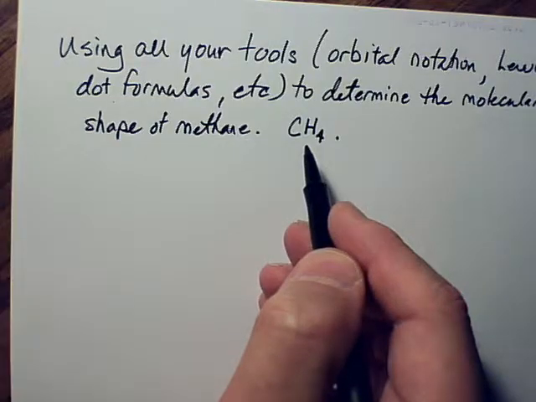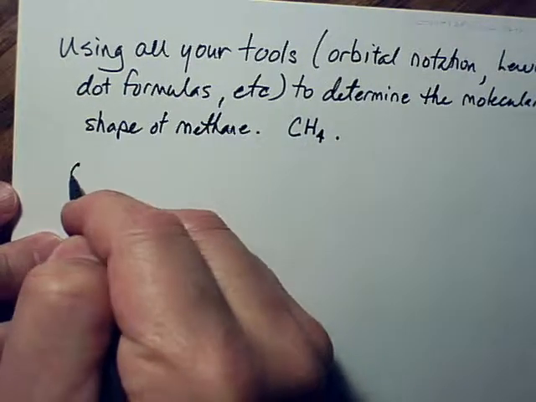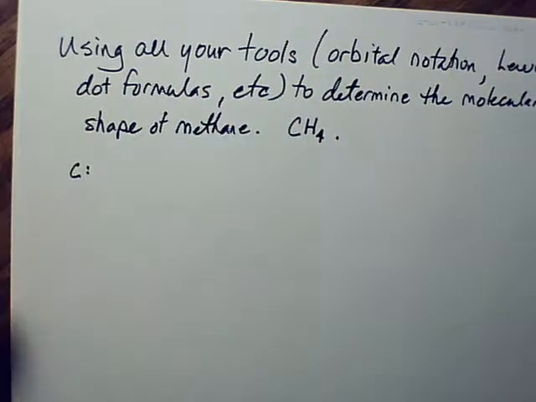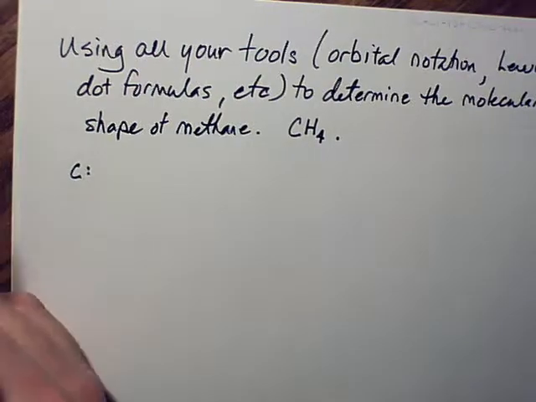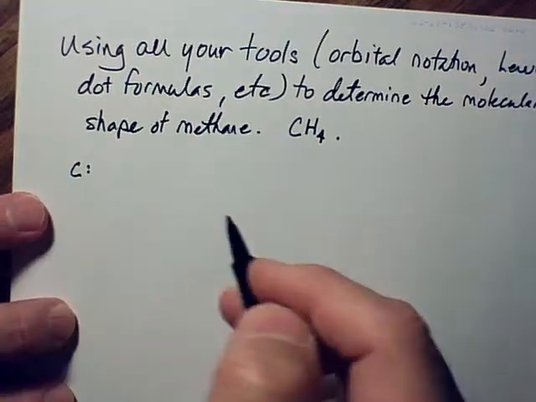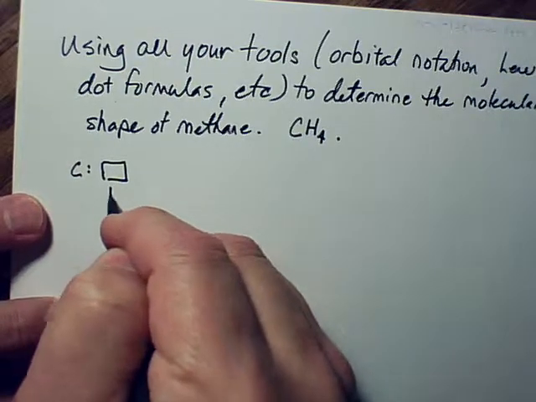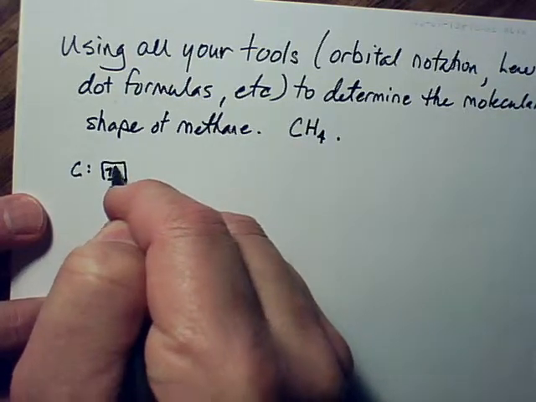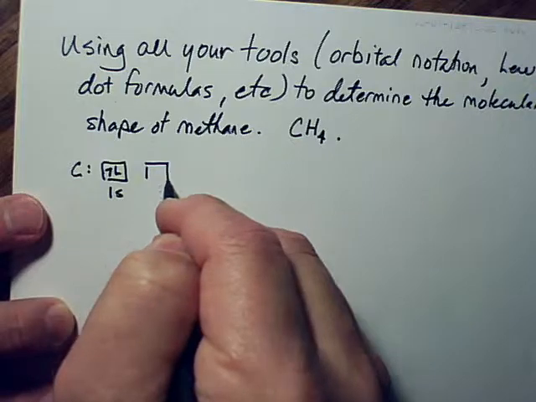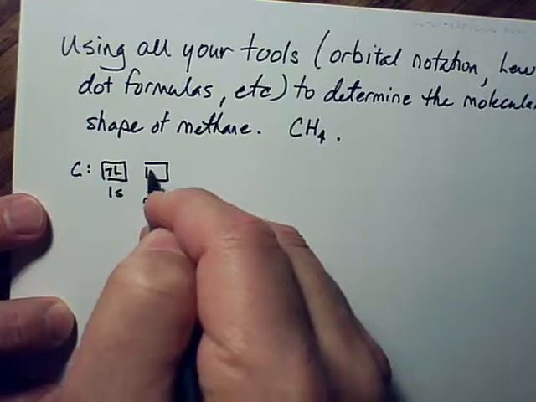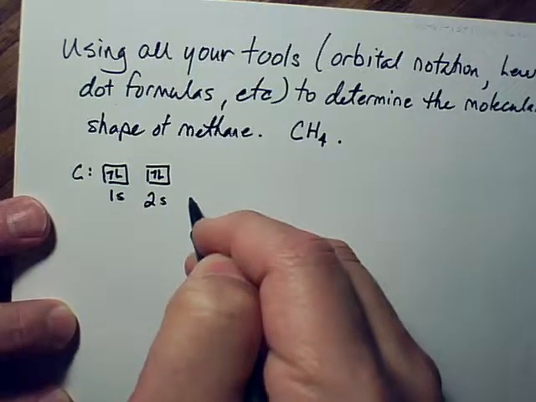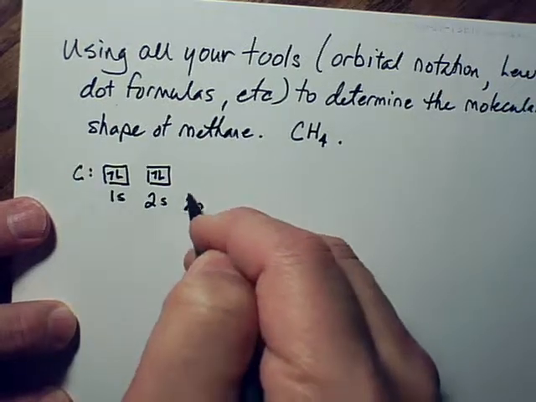The way I've taught you to do that is we're going to start with orbital notation. That's what we spent a lot of time on in the last unit; in fact, we started off the last unit with orbital notation. We're starting off with it again, using the same tool. So if you do the orbital notation correctly for carbon, you have 2 electrons in 1s, 2 electrons in 2s, and then 2 electrons in 2p.